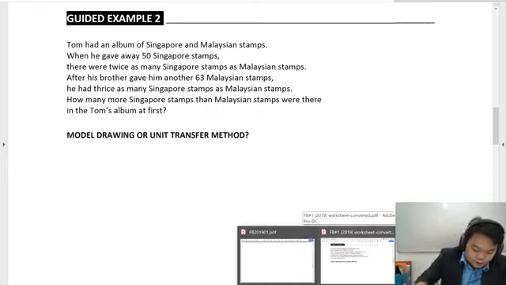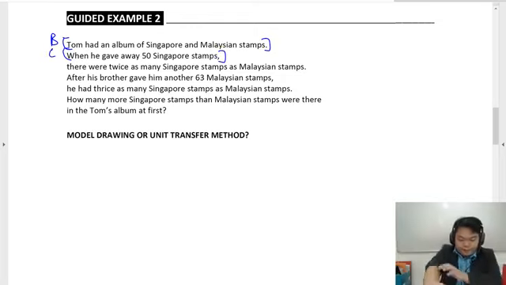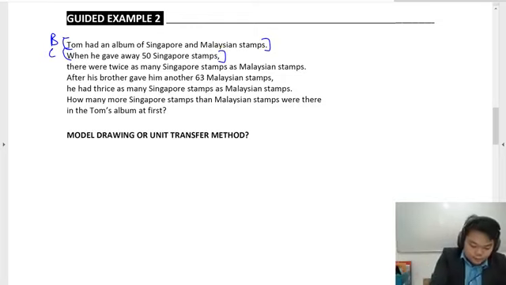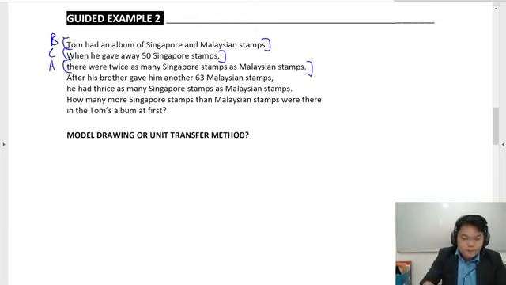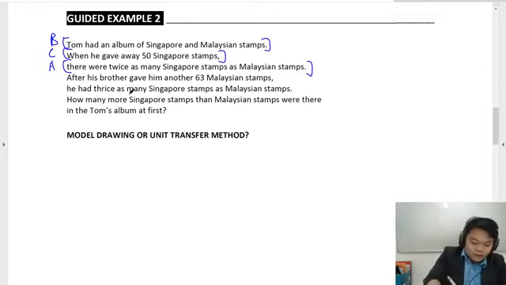Okay, let's just identify what we have. This is your before. There is a change over here. And then there is an after result. Then after that change, there is another change that continues on.